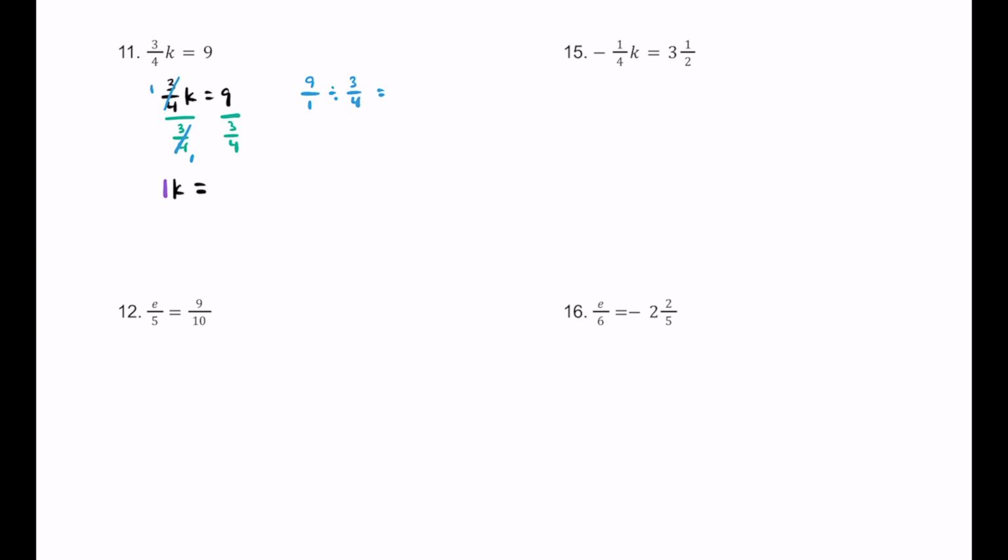Now keep in mind, when we use division, we can rewrite it as 9 over 1 times 4 over 3. If we keep, change, and flip, the 3 and the 9 here happen to cross cancel. We can write that as a 3 and a 1. And on top, we're going to get 12. On bottom, we're going to get 1. This is just 12 wholes. So 1k is equal to 12. And so we have k is equal to 12. We use the identity property when we drop the 1.